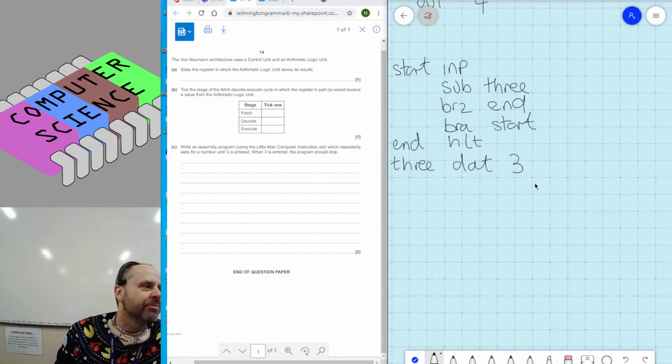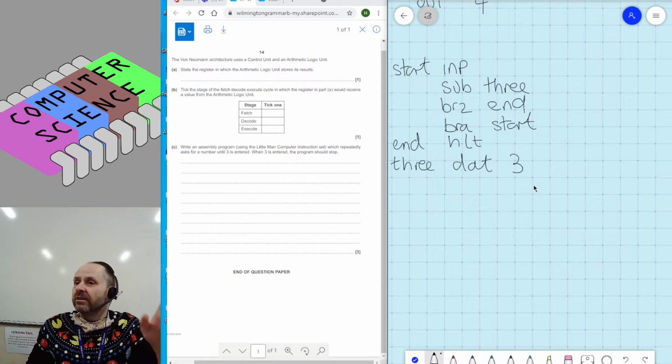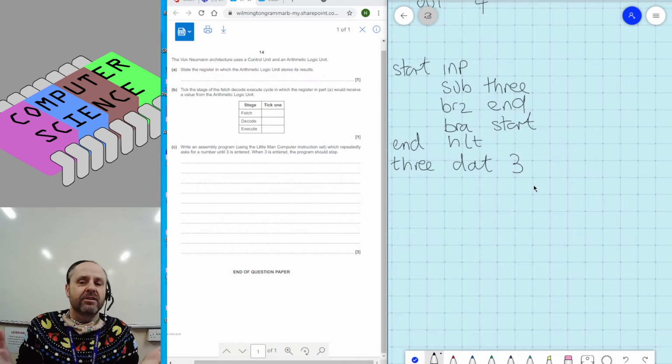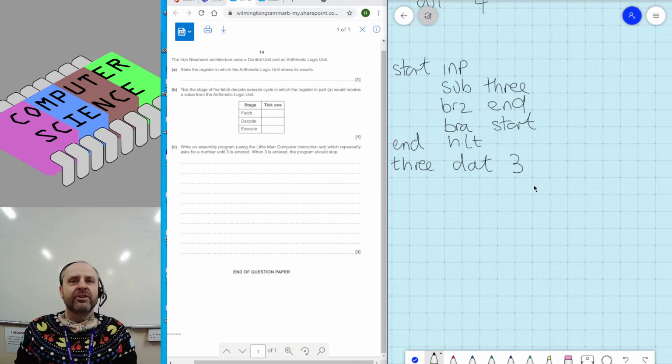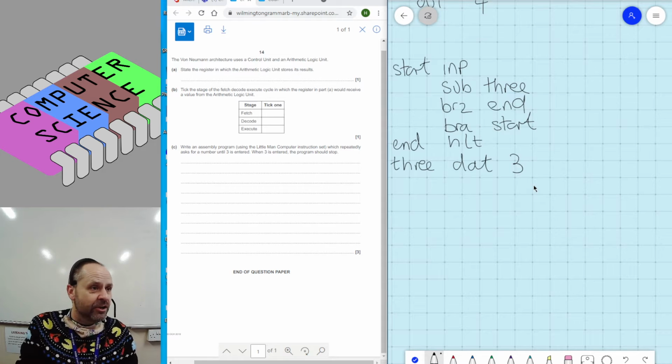Do we need to store the input? That is a good question though. The task was input a number. It does get stored. It gets stored in the accumulator.